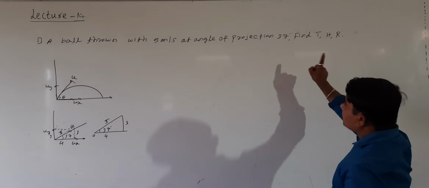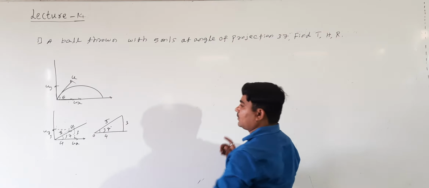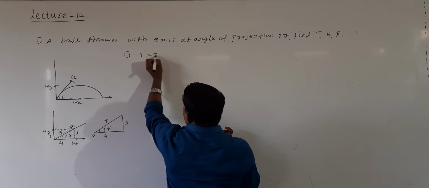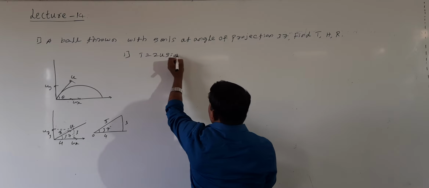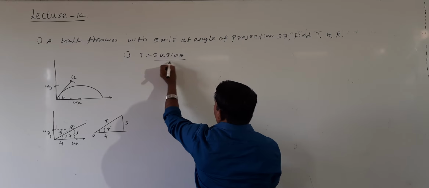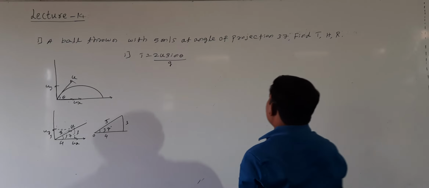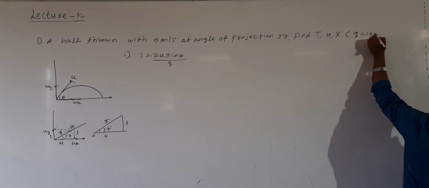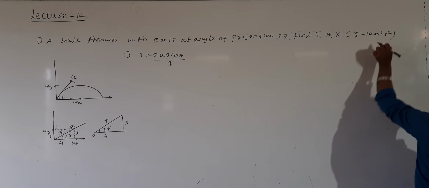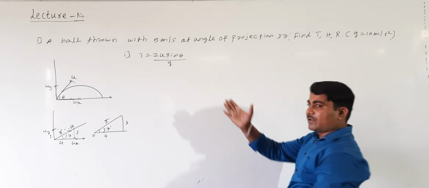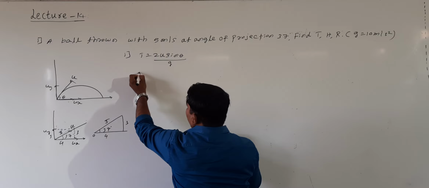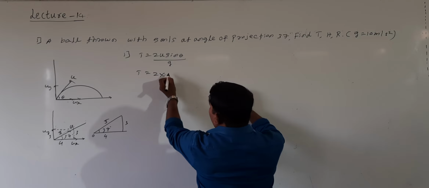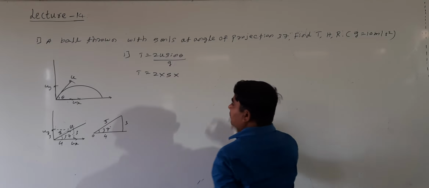What do we need? Time of flight. What is the time of flight? T equals 2u sin theta divided by g. For my convenience, I will take g as 10 meter per second square. T equals 2 into u, which is 5 as given, into sin theta.